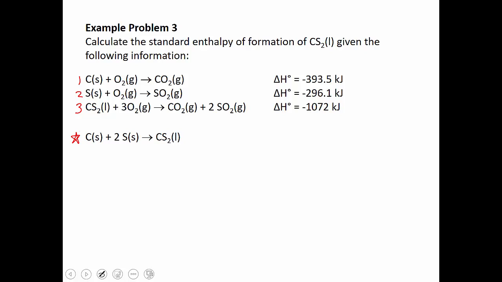Hopefully this substance isn't going to be in the other reaction equations, because that can make things a little messy. So if you notice, solid C is in both of our reaction equations. So we're going to compare those 2. And we're going to ask ourselves 2 questions. First, is it on the correct side of the equation? Yes, it is. So we don't need to flip the equation. Second question we ask, does it have the correct coefficient?